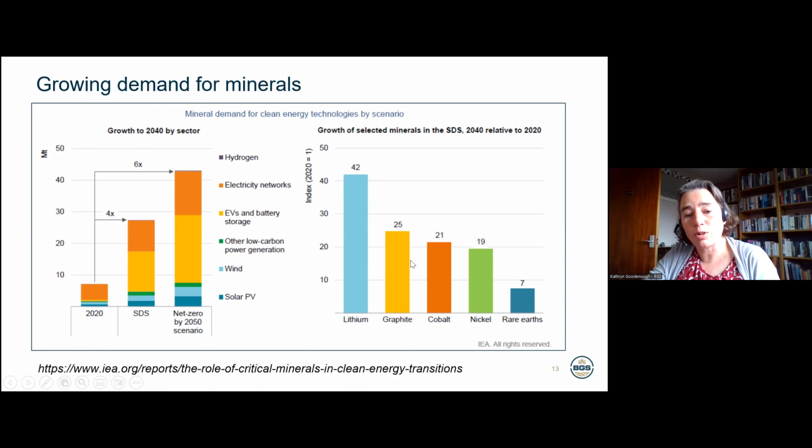And then the other battery raw materials like graphite, cobalt, and nickel, we're still seeing a lot more demand for those. Even the rare earths, we're seeing 7 times as much rare earths needed in 2040 as we did in 2020.